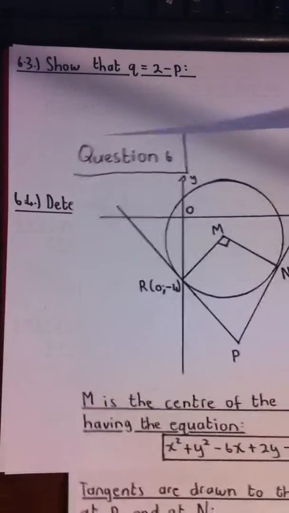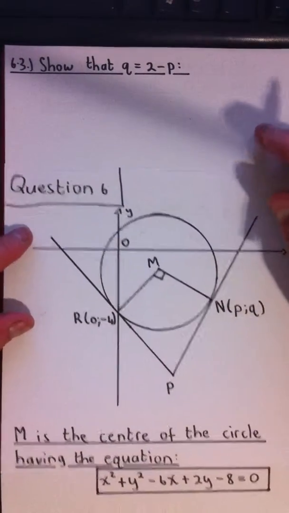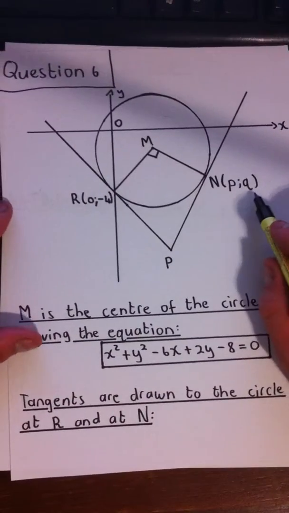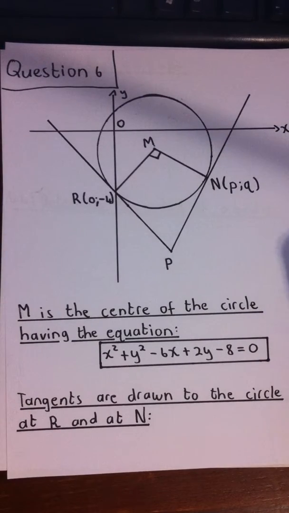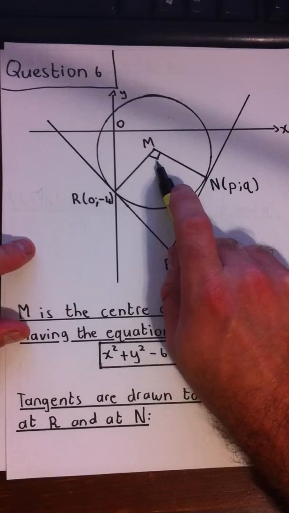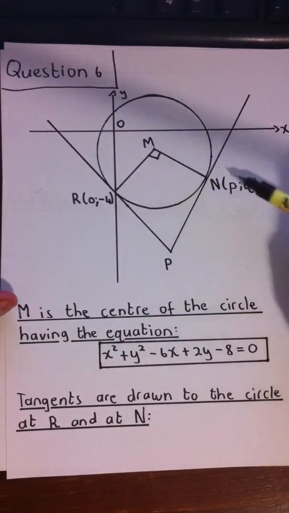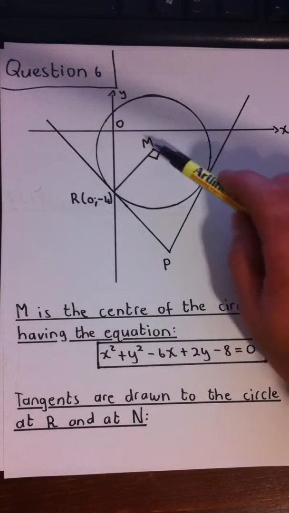Now, 6.3. Show that Q is equal to 2 minus P. So how will we find that? Well, we can use this property here. We see that that is 90 degrees. What does that tell us about the gradients of these two lines, of the line MN and the line MR? Well, it tells us they are perpendicular.